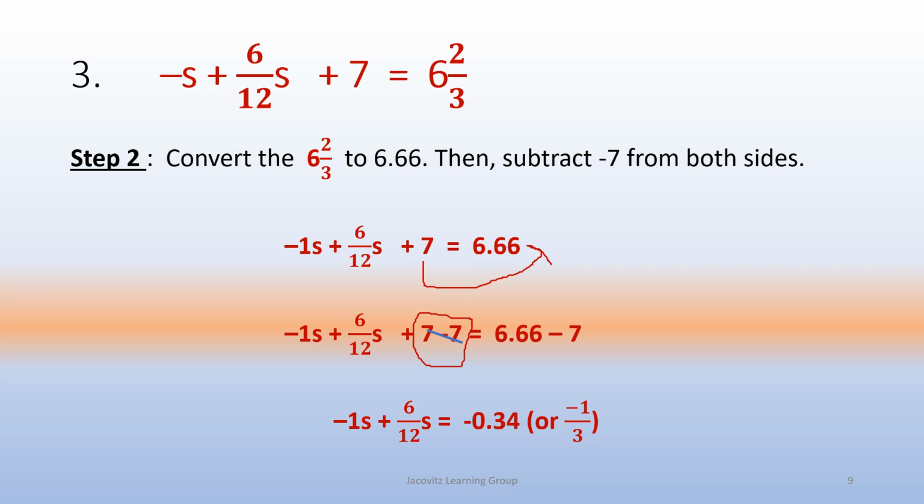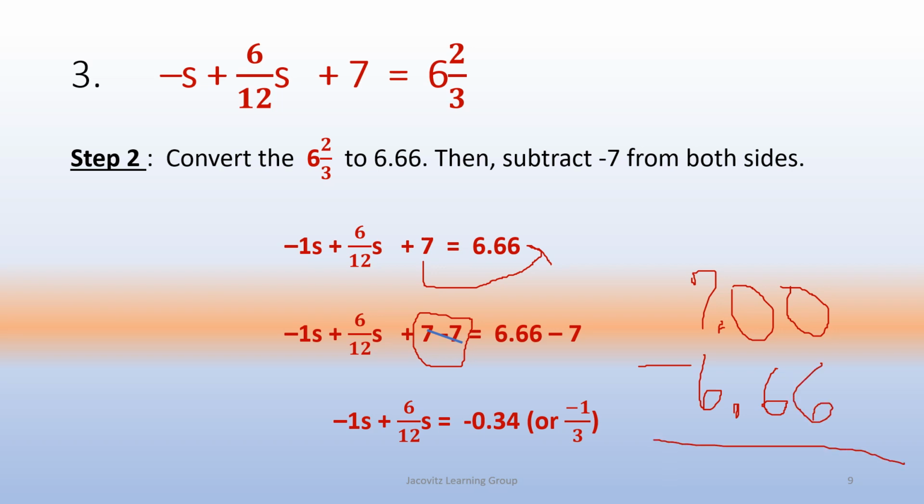This is going to be, when you go 7.00 minus 6.66, and you do your math, that's a 0, guys. 0.34.